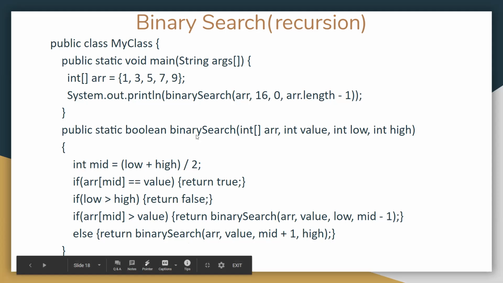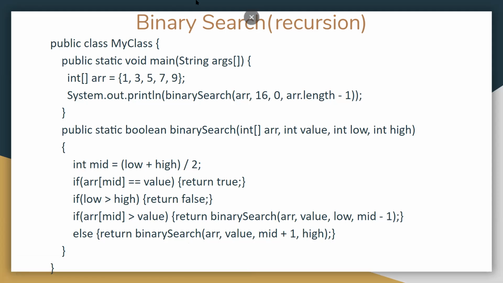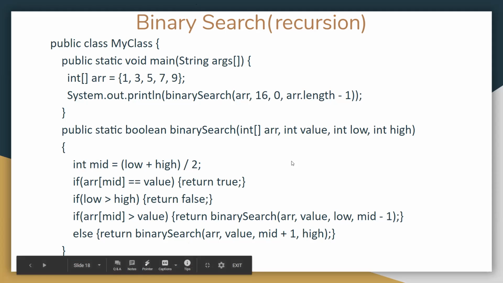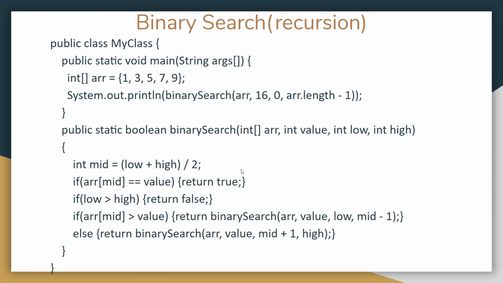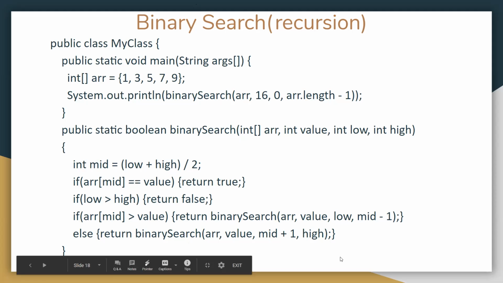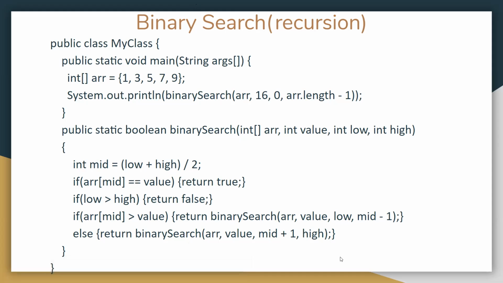So it continues running until it returns true or false, or it's done executing. So yeah, that's how recursion works. And I believe that is it for the lesson. Long lesson again, an important one, and also potentially confusing, but it's an important lesson nonetheless.